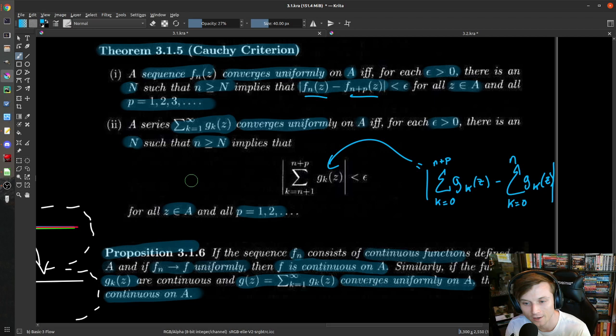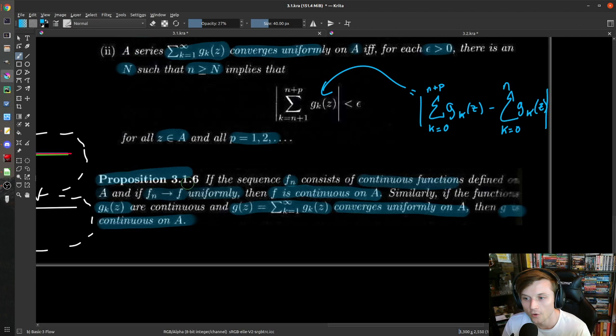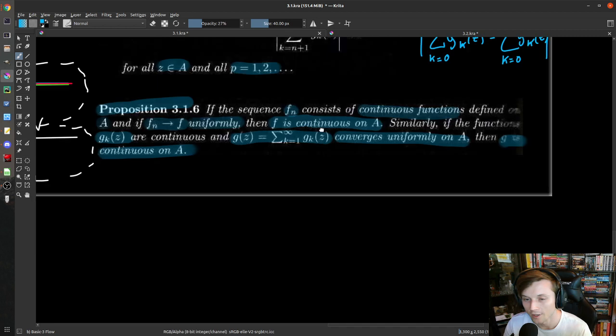We got to a much more interesting and useful piece of information that told us why we care about uniform convergence. And the answer in this case was because uniform convergence preserves continuity. That is, the uniform limit of continuous functions is continuous. And that's a pretty big deal.